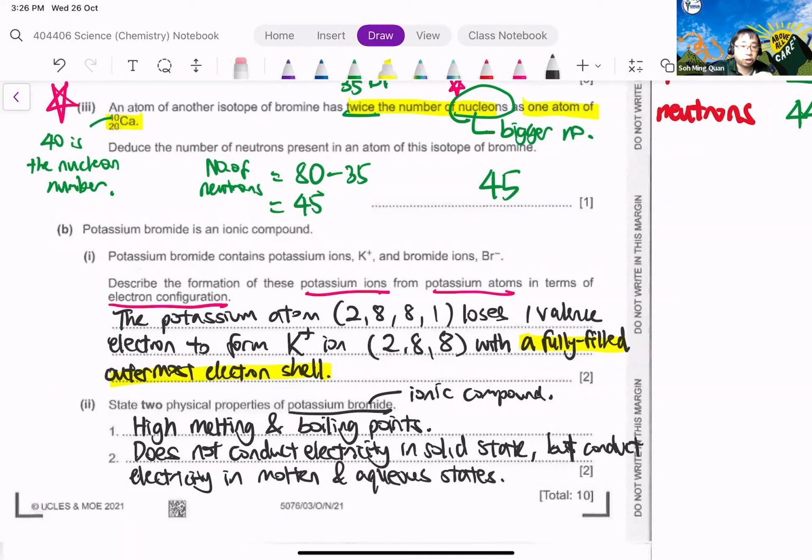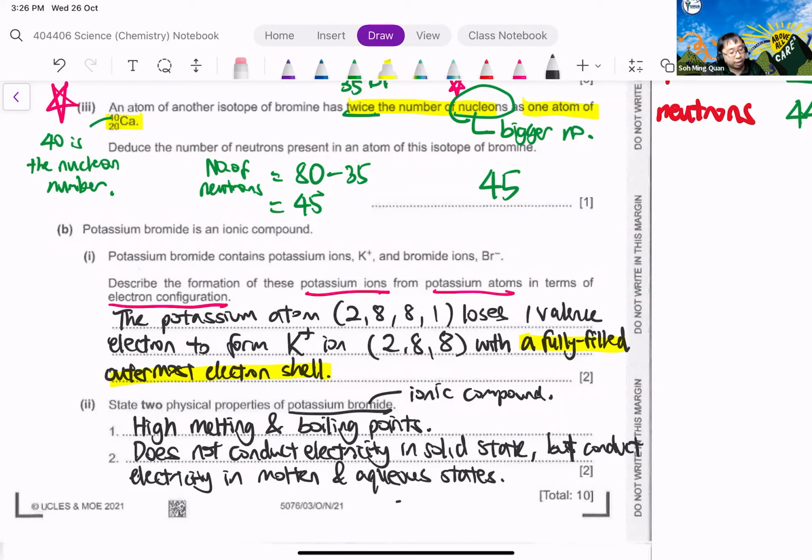Okay, so this one you should also be familiar. The explanation as well. In the solid state, the ions are held in fixed positions and are not free to move. Whereas when molten or dissolved in water, there are free moving ions that can conduct electricity.